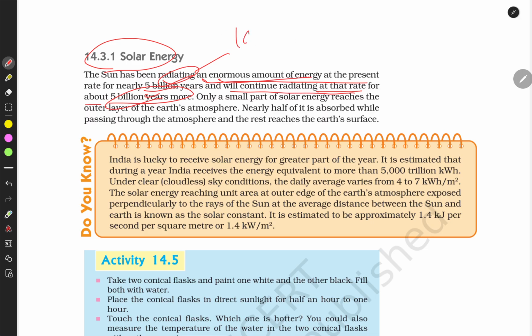So we can say the sun's age will be about 10 billion years, of which 5 billion has already been lived.